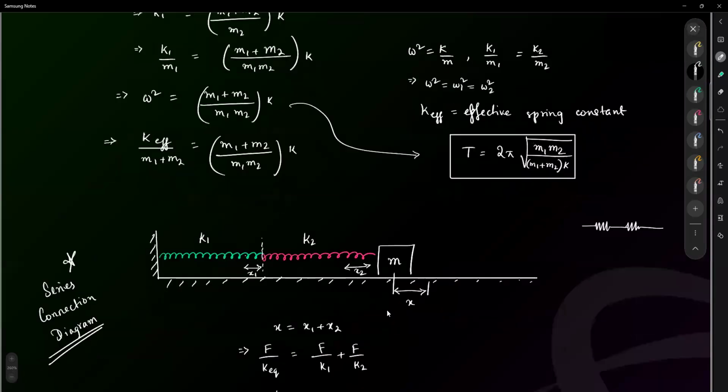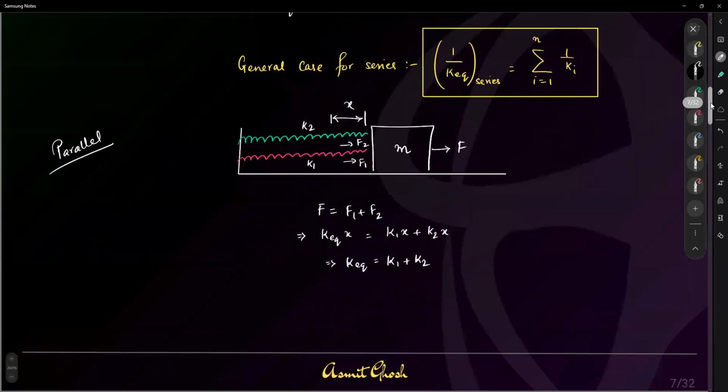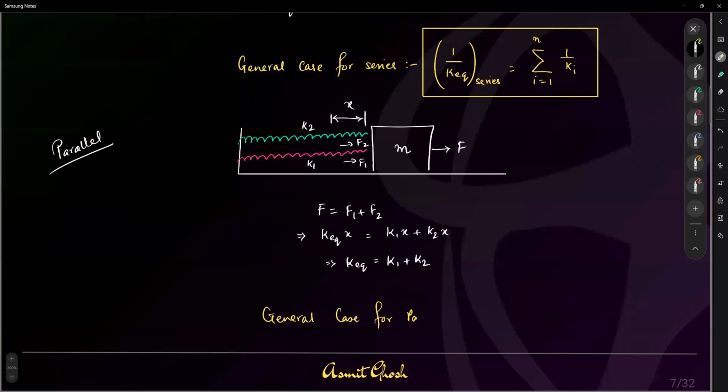So in case of parallel, the general case is K equivalent for parallel is equal to summation of i equals 1 to N of Ki.